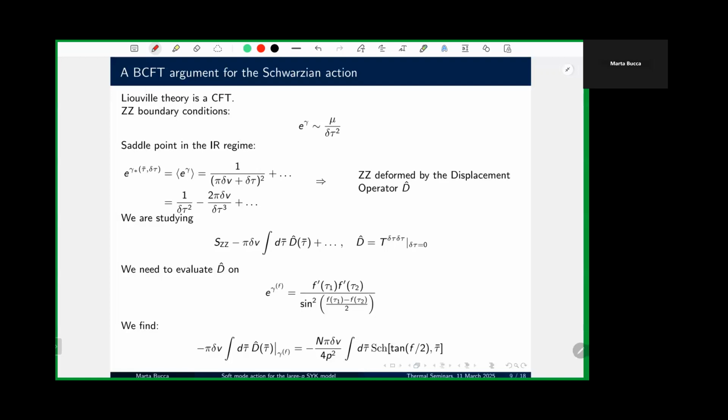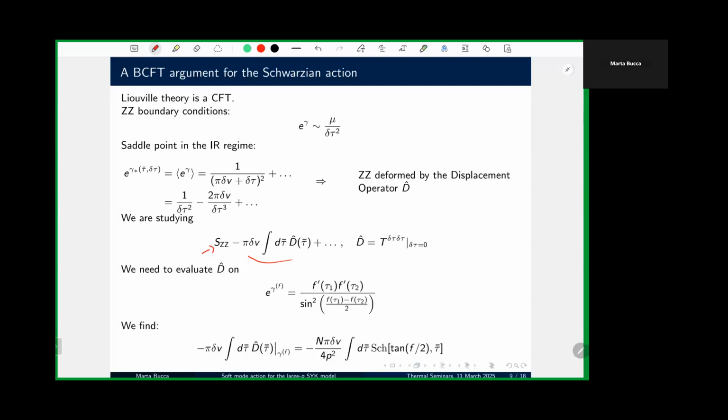Its geometric interpretation is that it moves the boundary inward by a unit distance. And if you look at this expression here, you can interpret this as your boundary being shifted by pi delta V. So the theory that you're studying is a BCFT, so a Liouville theory with ZZ boundary condition plus this small deformation.